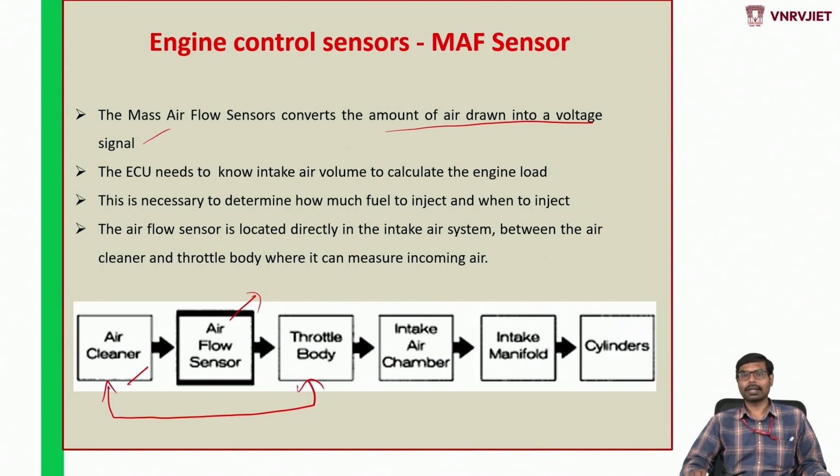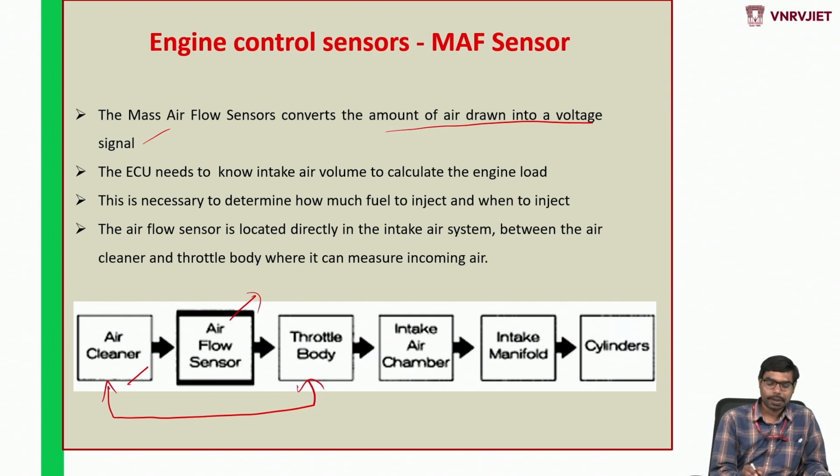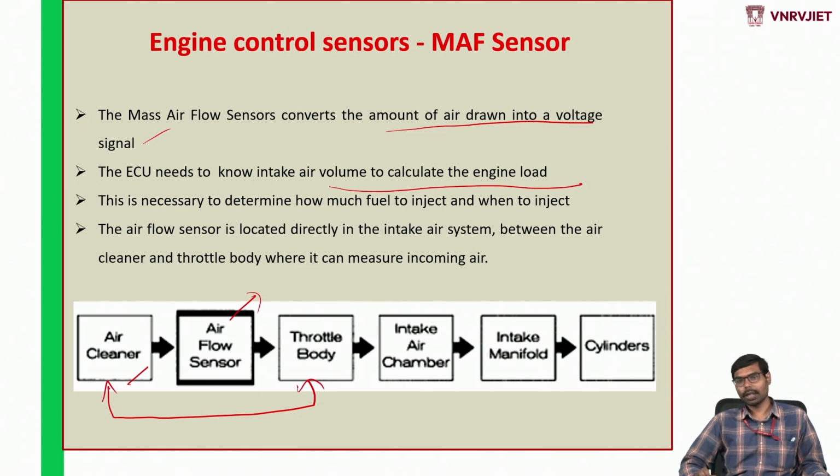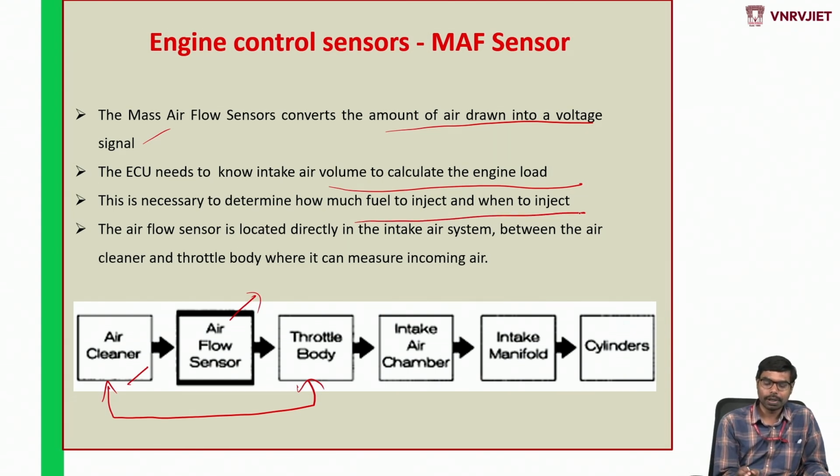The ECU needs a particular mode of communication, and that mode we give in terms of a voltage signal, so that the ECU understands from this voltage at what load the engine is operating. That is, the air volume is used to calculate the engine load. Based on the volume flow rate, the ECU assesses at what load the engine is running, and based on that it decides how much fuel to inject and when to inject it.